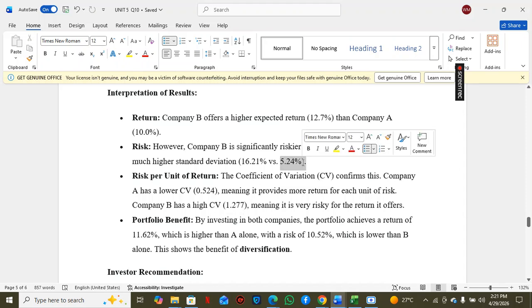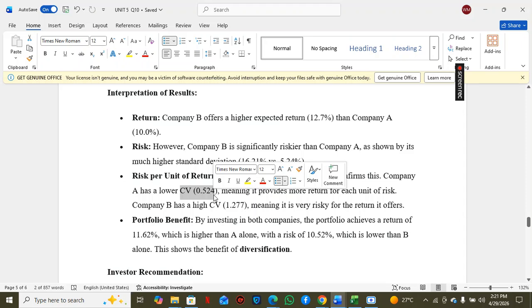A is less risky, and it's represented by a lower coefficient of variation. So this coefficient of variation, apart from telling you what percent of risk you take on for every 1% return, will give you an idea of which company is riskier. If the coefficient of variation is greater than 1, the risk is greater than the return. So you'll be dealing with a riskier company.